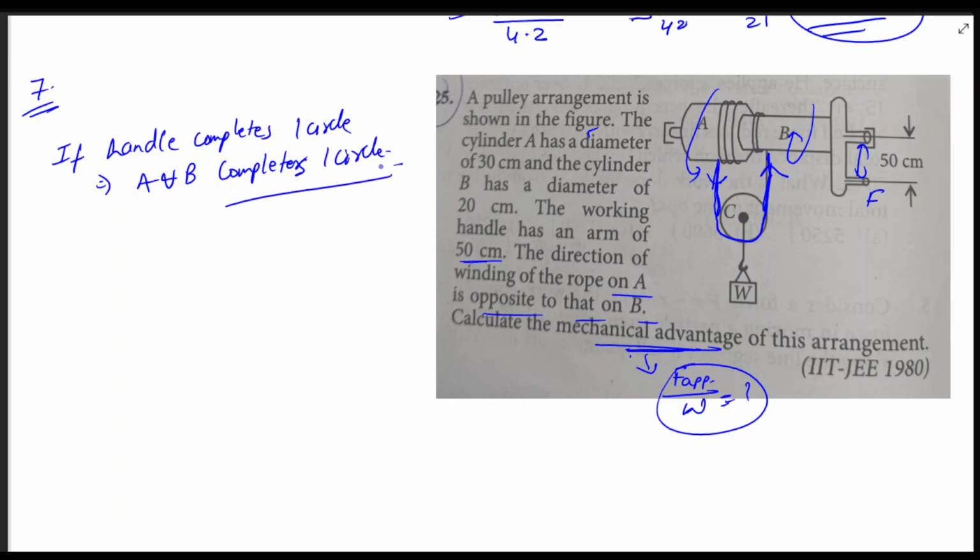Okay, perfect. Now, this is the first analysis I can derive from it. The second point we can derive is that whatever the work done will be, if it is going up, then the work done by the handle must be equal to the work done on the weight itself, on W, right? Because there is no work lost, everything is frictionless.